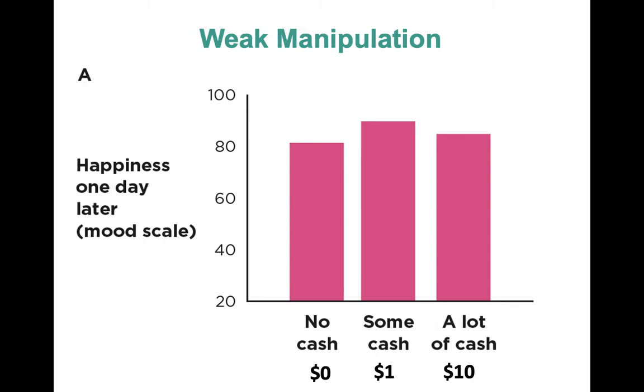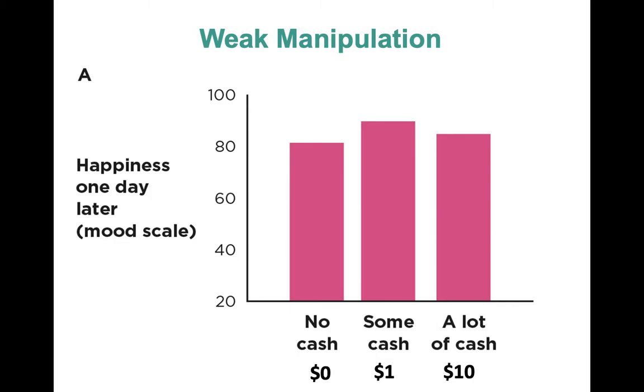So for example, if in the no cash condition they got $0, in the some cash condition participants got $1, and in the researcher's operationalization of a lot of cash, let's say was $10. Okay, and then they give people that amount of money, and then they measure their happiness 1 day later.